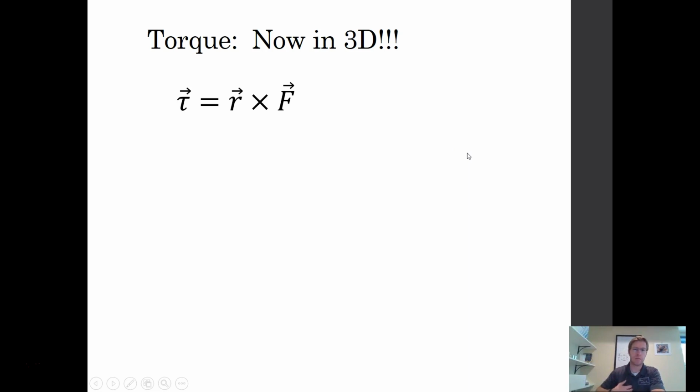All right, so now speaking of torque, I just want to briefly introduce how torque works in 3 dimensions. Many of you have not taken Calculus 3 yet, so you probably haven't done much with what's known as a cross product. But cross products are a really cool and powerful tool. It's a way of multiplying vectors together. So as I mentioned way back in chapter 2, there's really 2 ways we can multiply vectors together.